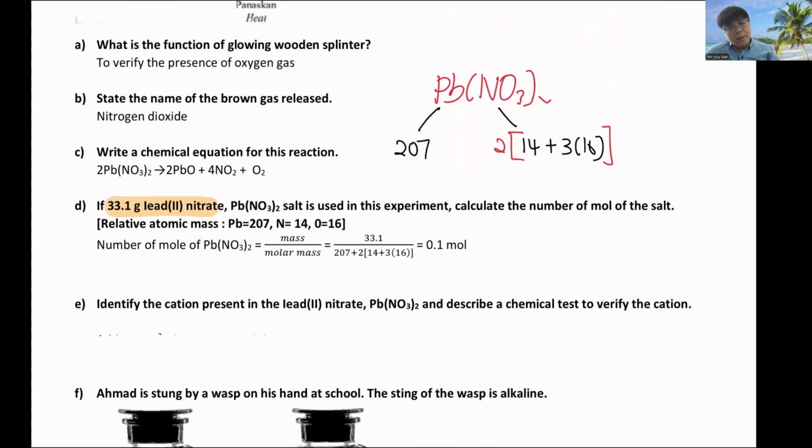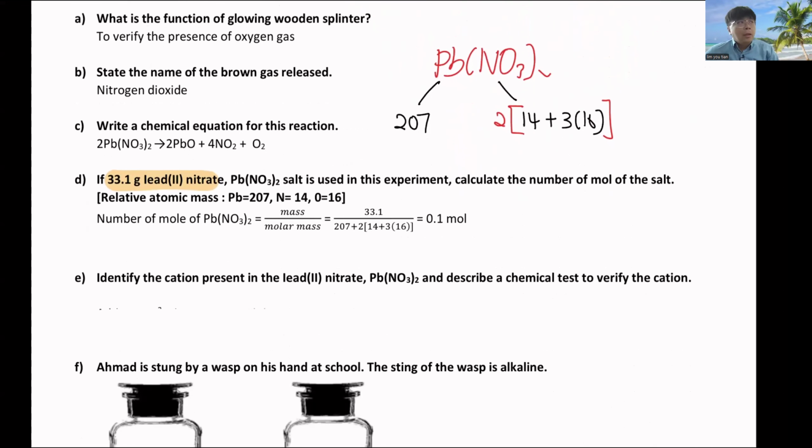Okay, same thing. Here I also teach what we call the cation test, quite popular cation test. For the cation test, they also came out a lot with the positive ion Pb. How do you confirm inside a solution we have Pb2+? Very popular question also, this one.